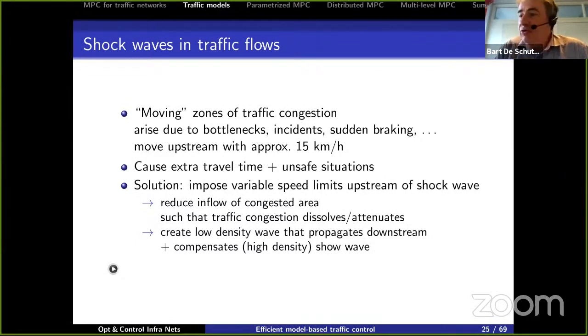And the idea to deal with them is that we're going to use variable speed limits. So the idea is that we try to slow down the traffic ahead of the shock wave such that we can reduce the inflow of the congested area, and by the time the vehicles with a reduced speed arrive at the congestion, we have dissolved it.